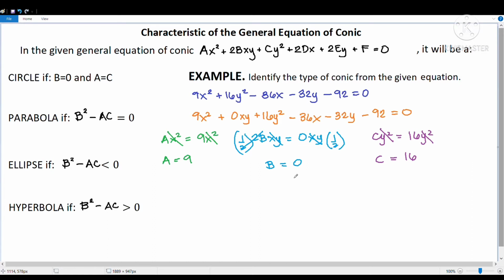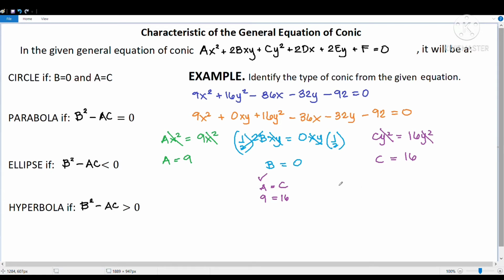Is b equal to 0 for a circle? Yes. But is a equal to c? No, because a is 9 and c is 16. Therefore, we cannot say that this is a circle, because according to the concept of a circle, b should be equal to 0 and the values of a and c must be equal.